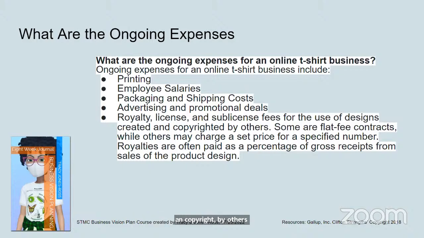Some are flat rate fee contracts, while others may charge a set price for a specific number. Royalties are often paid as a percentage of gross receipts from the sales. So if you are using a picture that someone else has already copyrighted, they get royalties off that picture that you are using. That's what they're referring to.